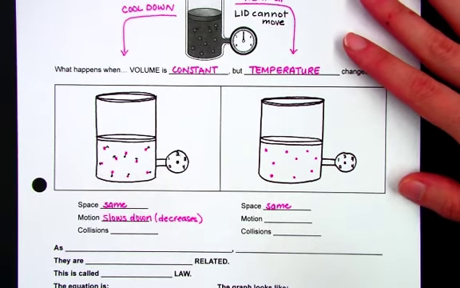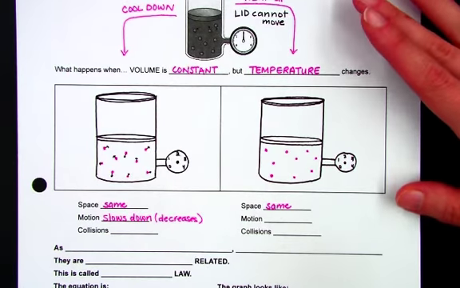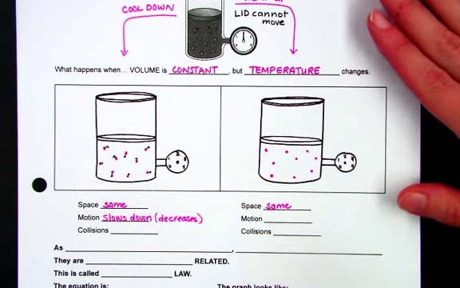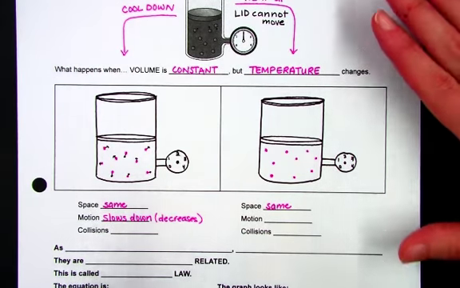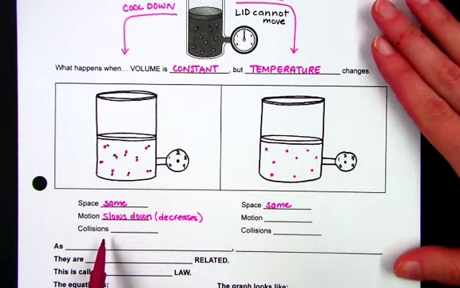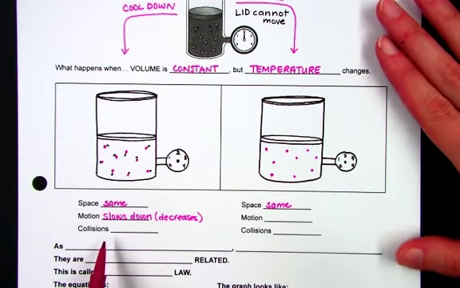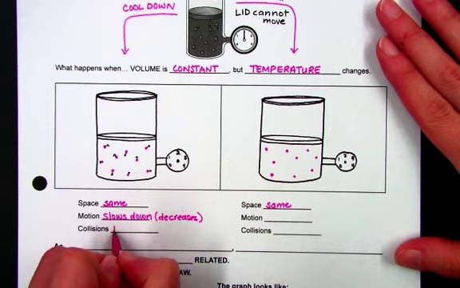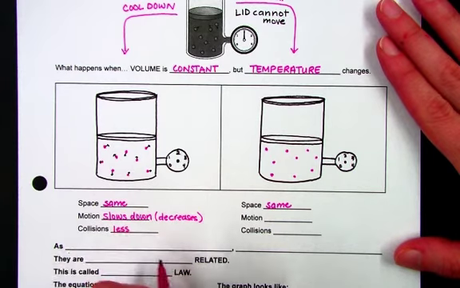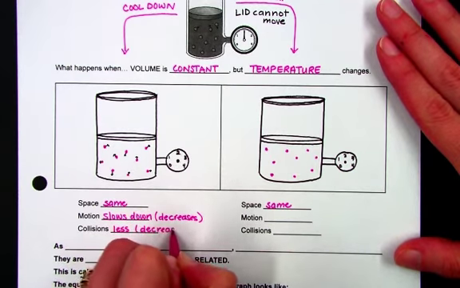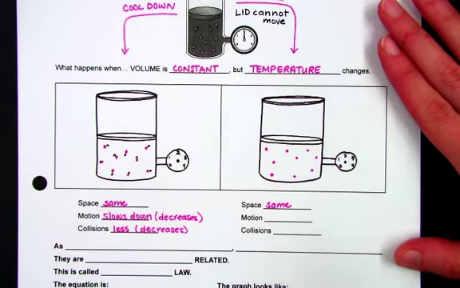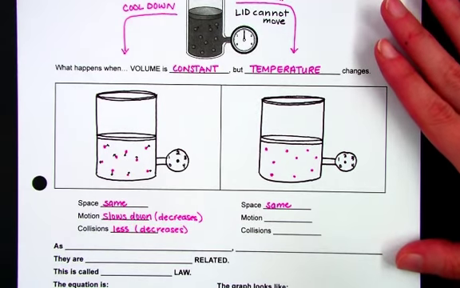Short arrows, not moving fast. If they are not moving very fast, what happens to the number of collisions? Yes, there are less collisions. Again, less means decreases. Less means decreases.